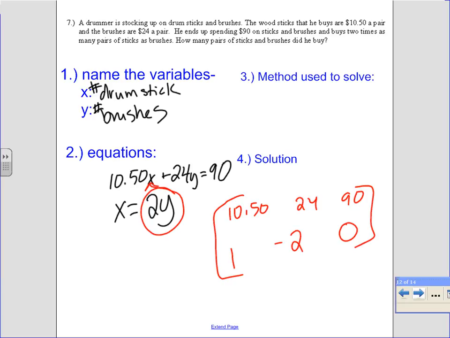Yeah. Okay. Good. So again, either way, matrix or substitution is fine. Good.